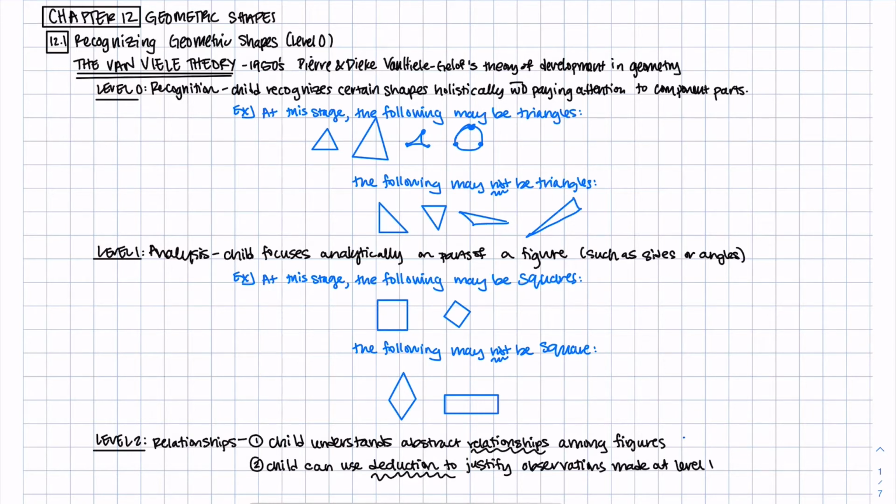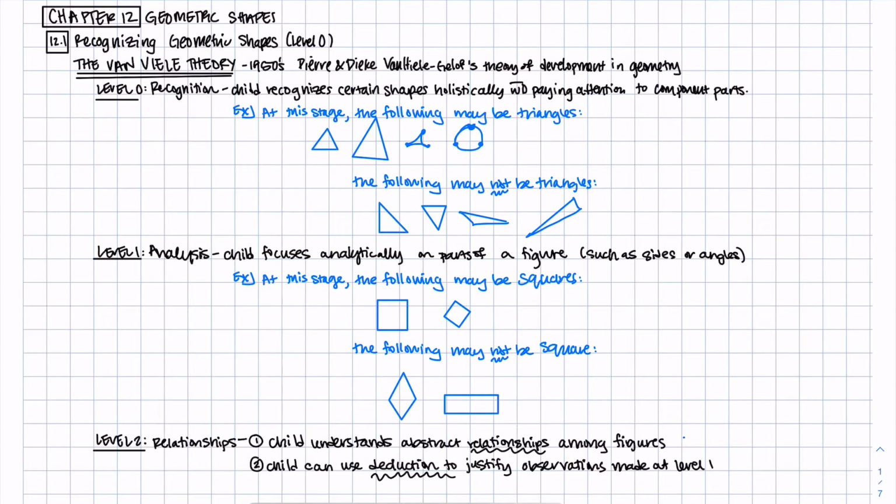A level 1 student who is thinking analytically about a shape can list many of its relevant properties and compare them with those of another shape. Sorting and drawing activities and the use of manipulatives, such as geoboards, which we'll talk about later, are useful at this level. So here the child is focusing analytically on the parts of the figure, not just holistically. That's the difference between level 0 and level 1.